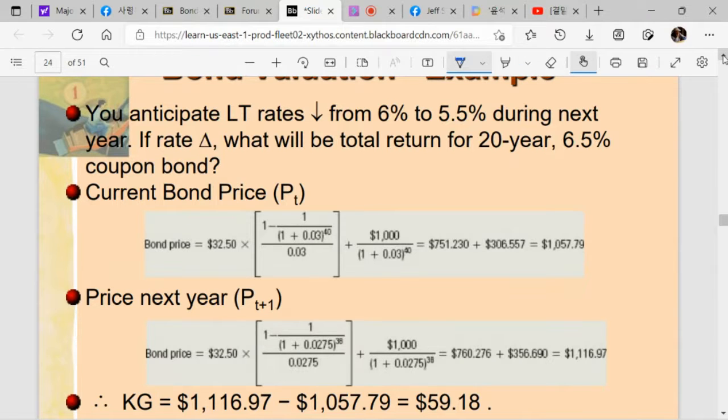So, for example, you anticipate long-term interest rates to drop from 6% to 5.5%. Long-term rates means the annual yield, right? Yield means annualized return on long-term bonds. So all the rates are basically annual, but short-term bonds have lower yield than long-term bonds.